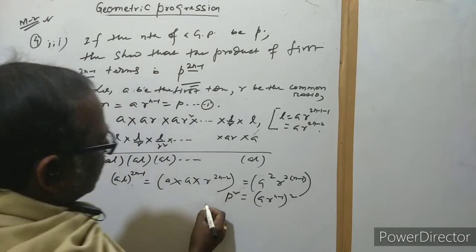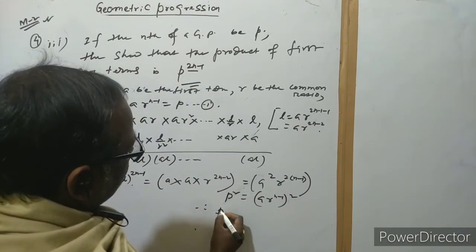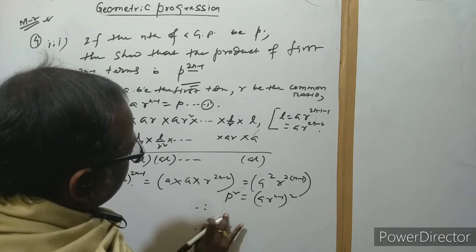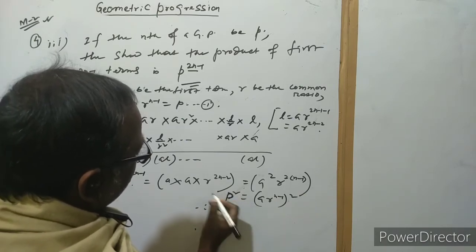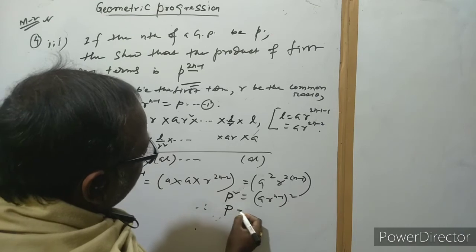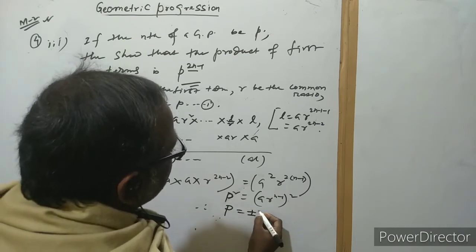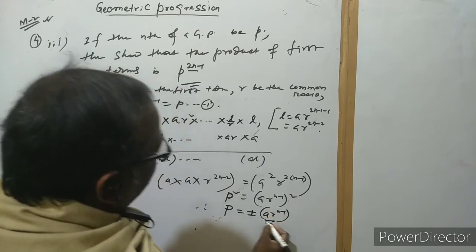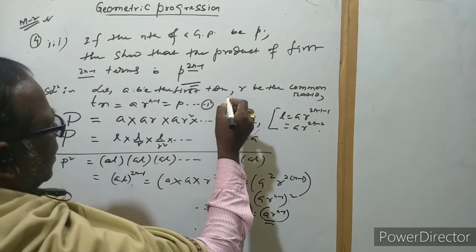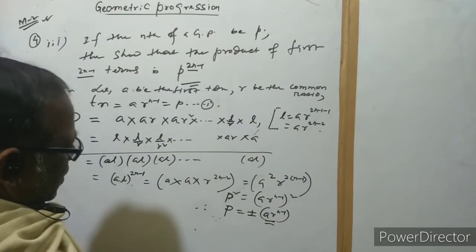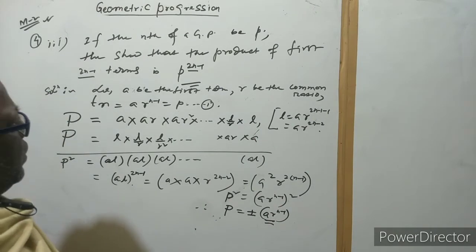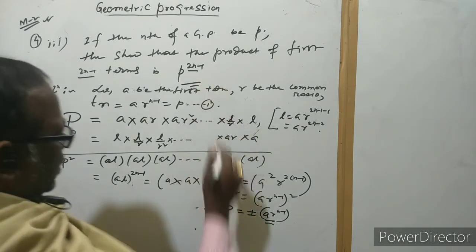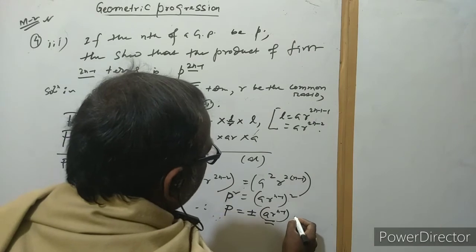And P there is P square. So capital P is equal to plus minus a into r to the power n minus 1, and this is the nth term. This is your small p.